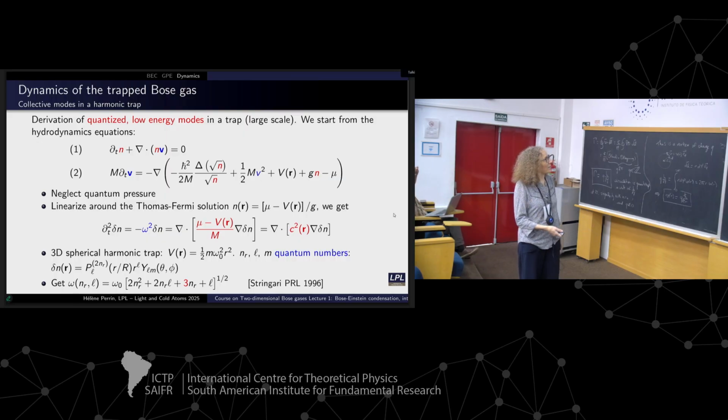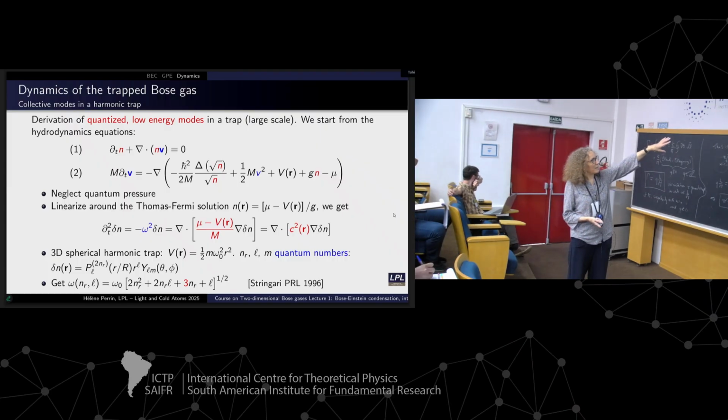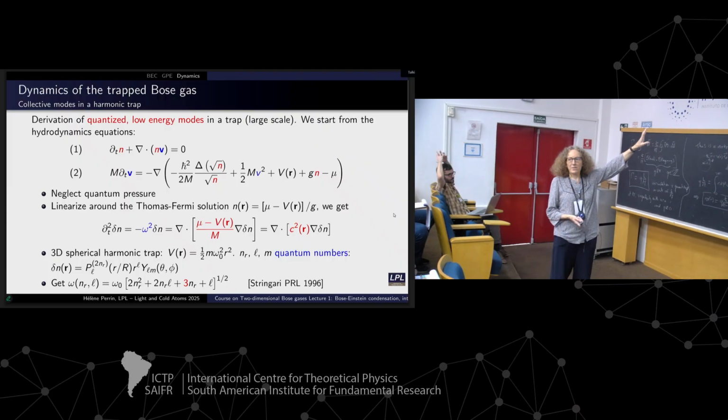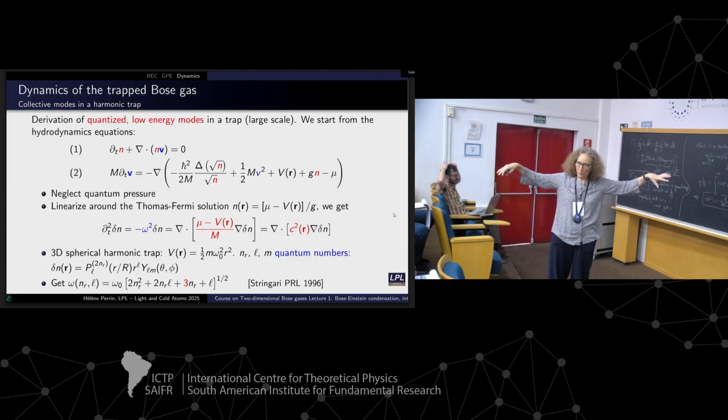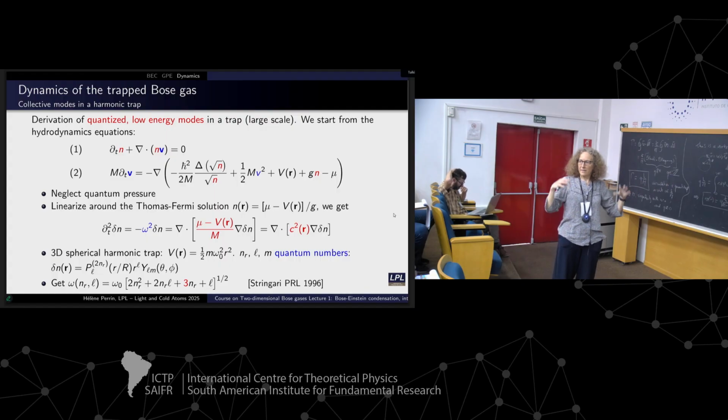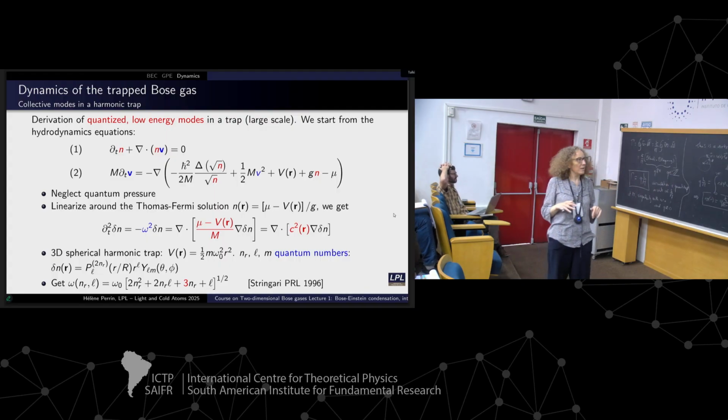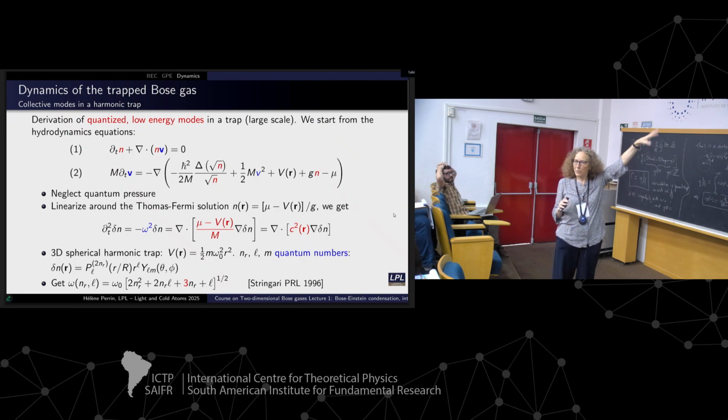These three ones, okay. And so what we can write, if we play the same trick as we did for the Bogoliubov modes, is to consider a small change in n and a small velocity. We linearize everything, but after removing the h bar squared over 2m term.